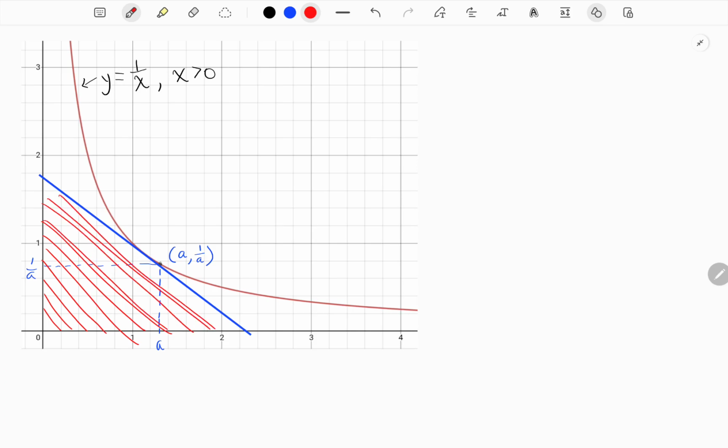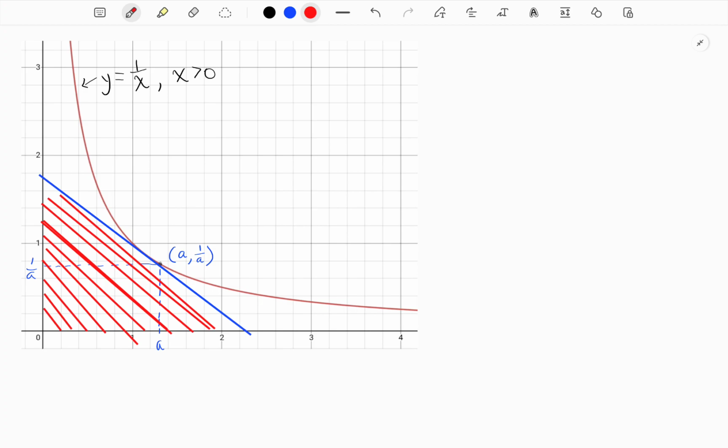Now I don't need integration to do this question. You could, but it's not necessary. However, one does need to know how to take derivatives.